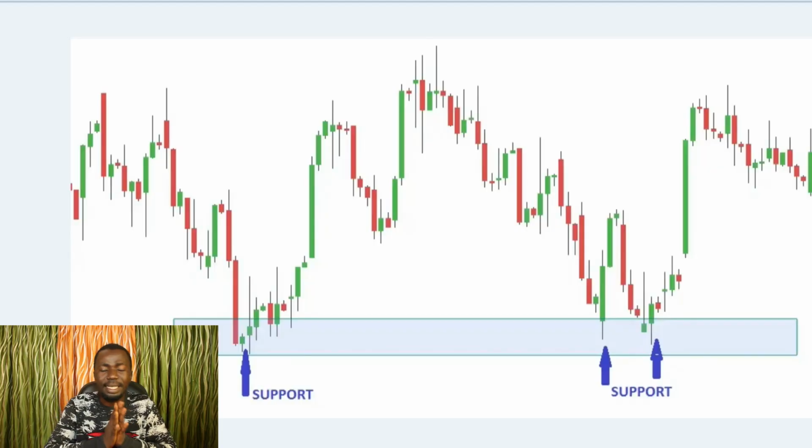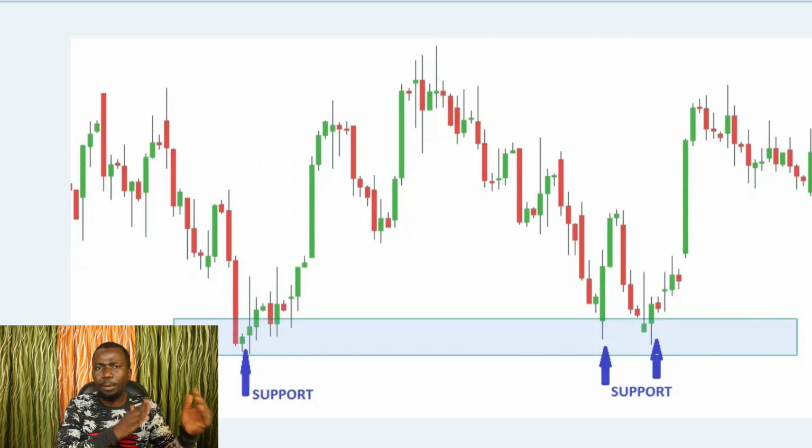The next thing we have here is the horizontal support and resistance level. So the horizontal support and resistance level works during a ranging market. You can either use a rectangle or a horizontal line to map the levels, the support and resistance level. Sometimes the market can be in an uptrend, in a downtrend, or ranging, right?